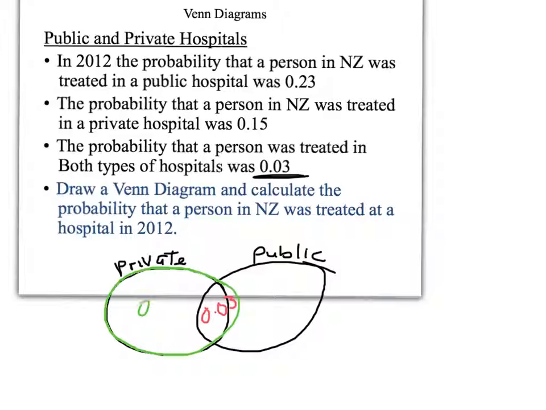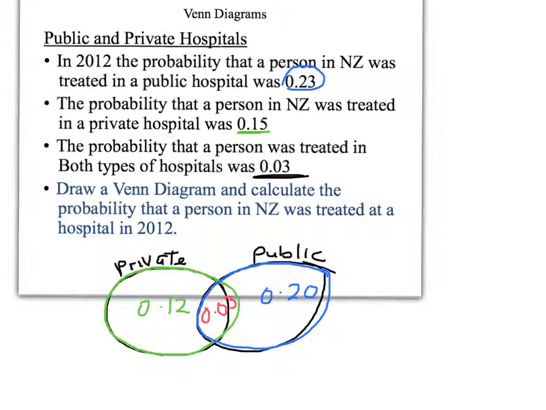So that leaves me with 0.12. That should add together to make 0.15. And then if I go to my public hospital, this one here, public has 0.23, but I have to take off 0.03, that will leave me with 0.20.